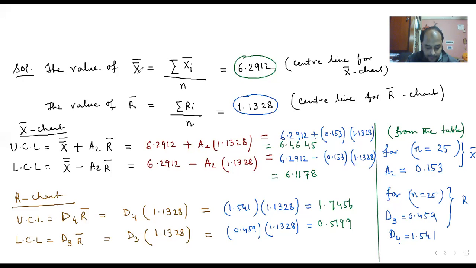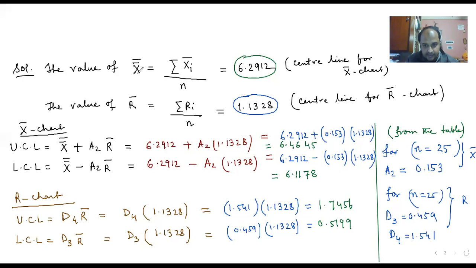Let me quickly copy the values. 6.2912 is the X bar value. UCL is 6.4645. LCL is 6.1178. And R bar is given to be 1.1328.